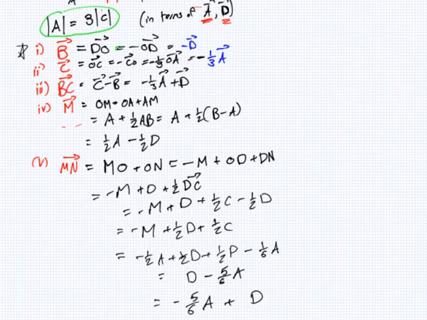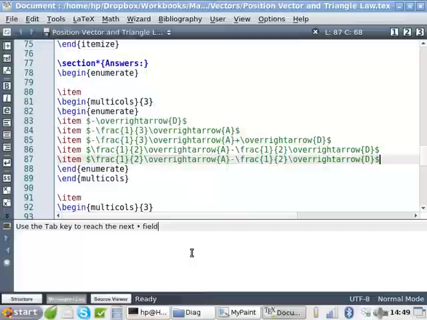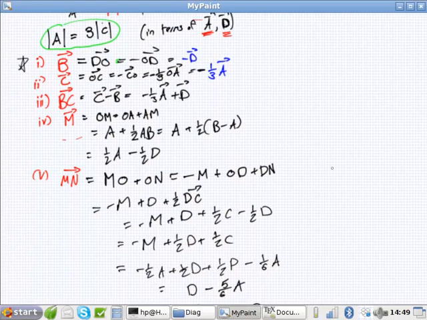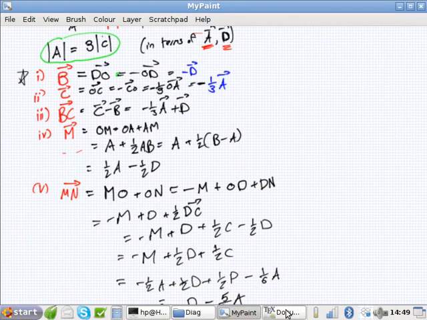Minus 5/6 A, hang on a second. I want to write this answer down. You make me tired.